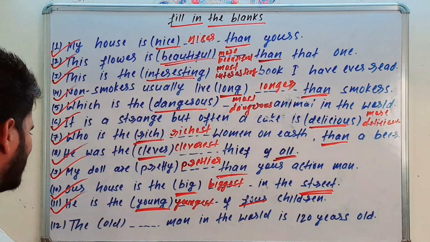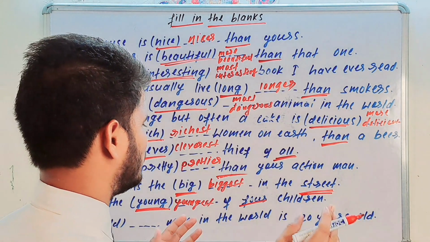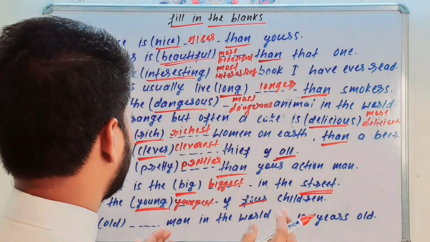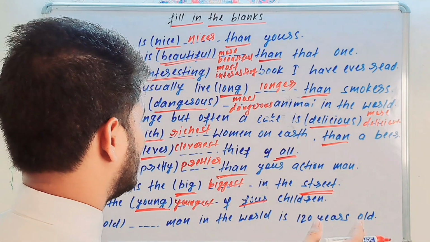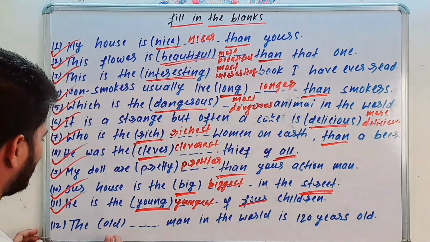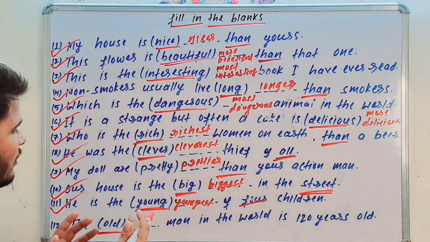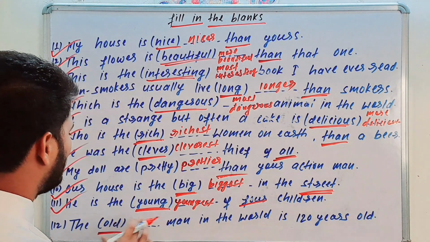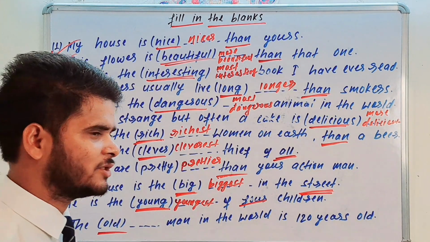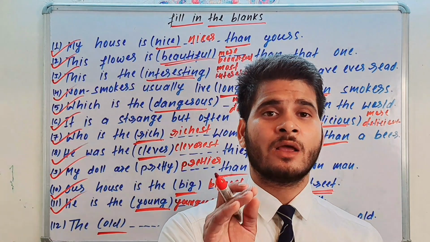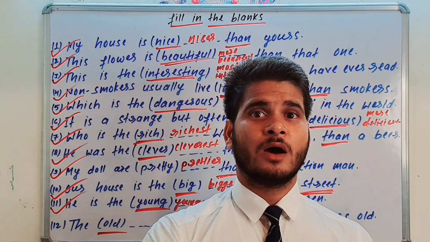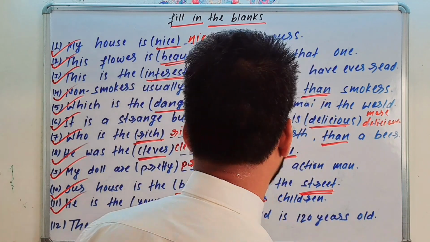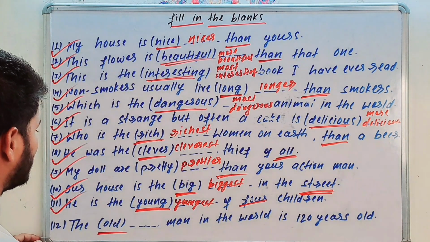Last but not least, the dash man in the world is 120 years old. Here, there is one option, old. The oldest man in the world. I told you, in superlative we select one in all, one on the earth, one in the world. Like that, for making a world record, like the best.